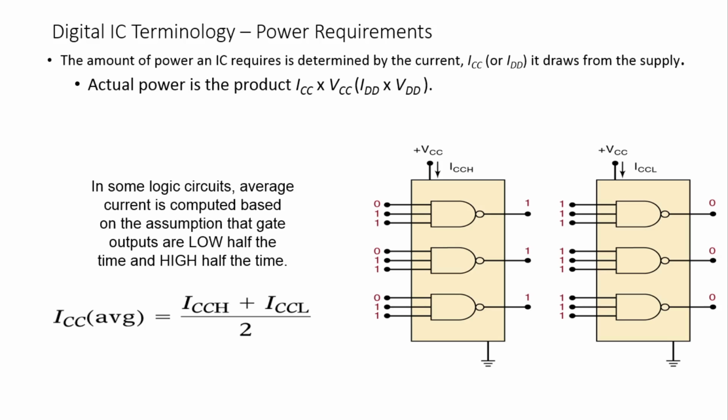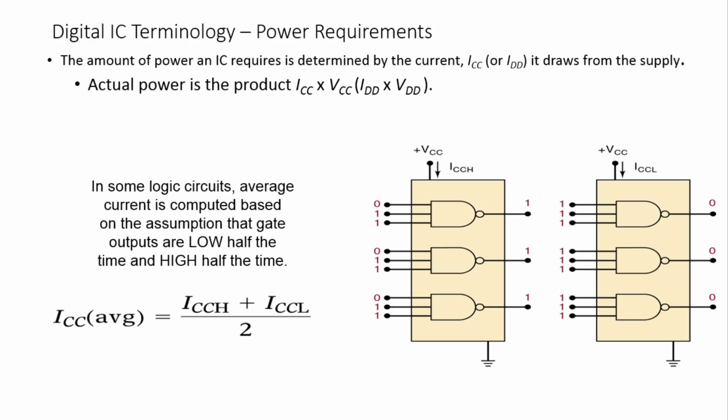In some logic circuits, average current is computed based on the assumption that the gate outputs are low half the time and high half the time. So it can be given as ICC average is equal to ICCH plus ICCL divided by 2.